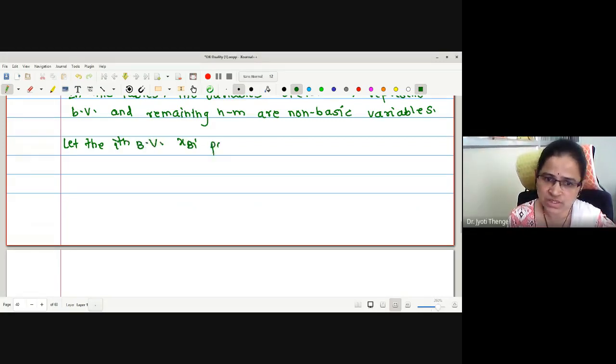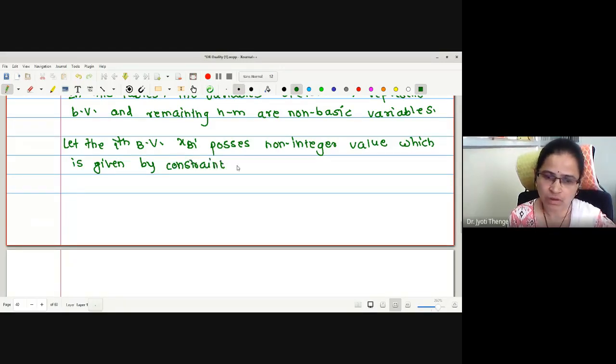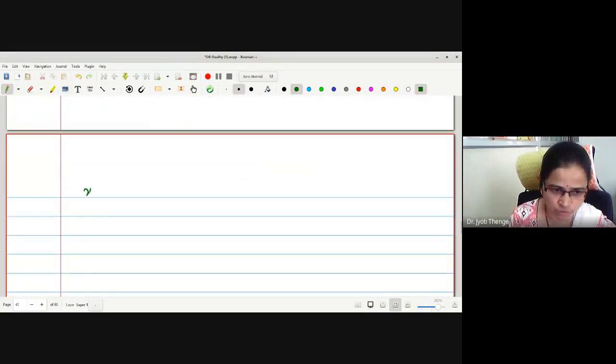Okay. Let the ith basic variable xbi possess a non-integer value, which is given by the constraint equation. What is the constraint equation? Let me go to the next page.